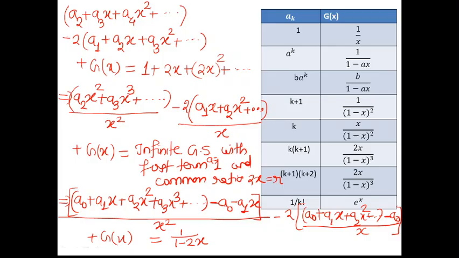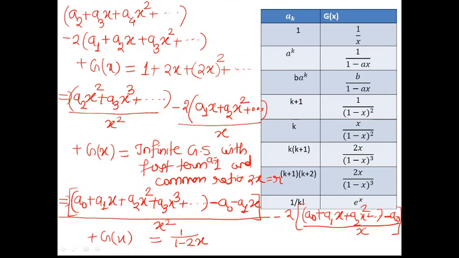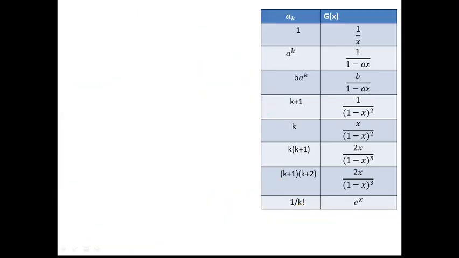At the same time, use the initial condition. The initial conditions given are a0 is 2 and a1 is 1. So substitute it here. So this implies g of x minus a0 is 2 minus a1 times x upon x square. Then we have minus 2 times, again we have g of x.